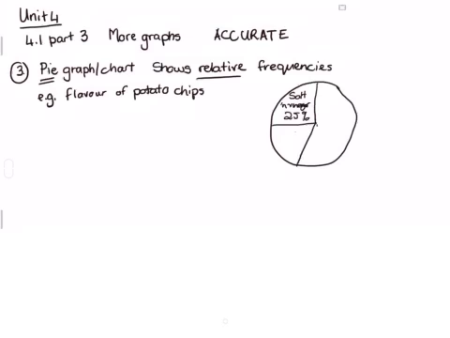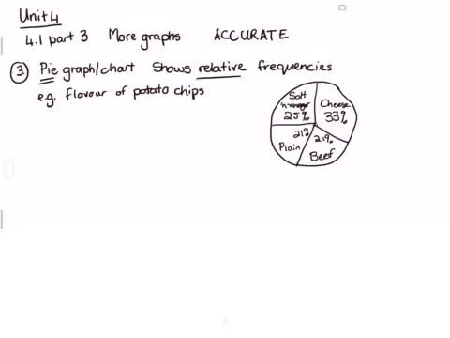Then 21% of the people liked plain salted, and 21% of the people liked beef. And the greatest section was 33% who liked cheese.